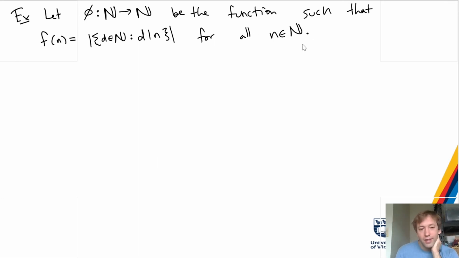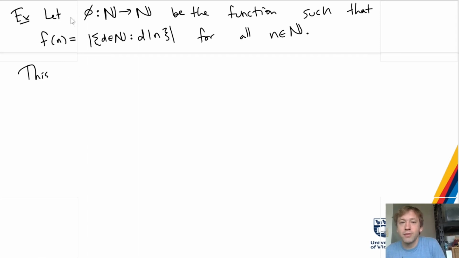Okay, so you can see that, technically this is a function, right? For every natural number n, I can define the set of divisors of n, and you can take that set and compute how many elements it has. So this is a function. Oops, sorry, I started by calling the function phi, and then I wrote f. My apologies.